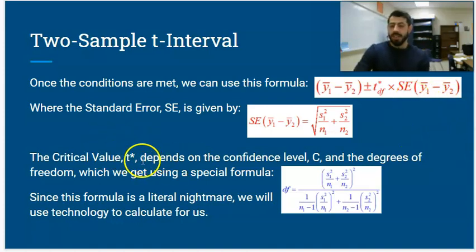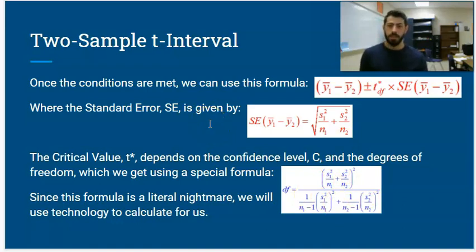Now, the critical t is going to depend on the confidence level and the degrees of freedom, just like it has before. We use a very special formula for that, which, as you can see, doesn't look like very much fun. So I'm never going to do this by hand, and you will never be expected to do it by hand. But if you want to calculate the degrees of freedom, basically it's this formula.